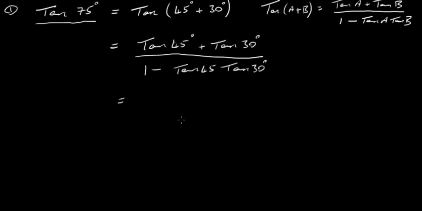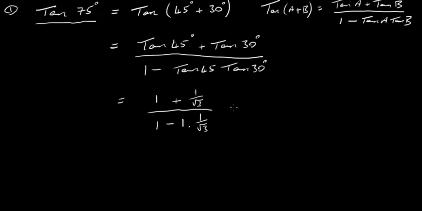Tan of 45 is just 1, plus the tan of 30 degrees, which is 1 over root 3. On the bottom we have 1 minus tan of 45 degrees, again 1, multiplied by the tan of 30 degrees, again 1 over root 3.